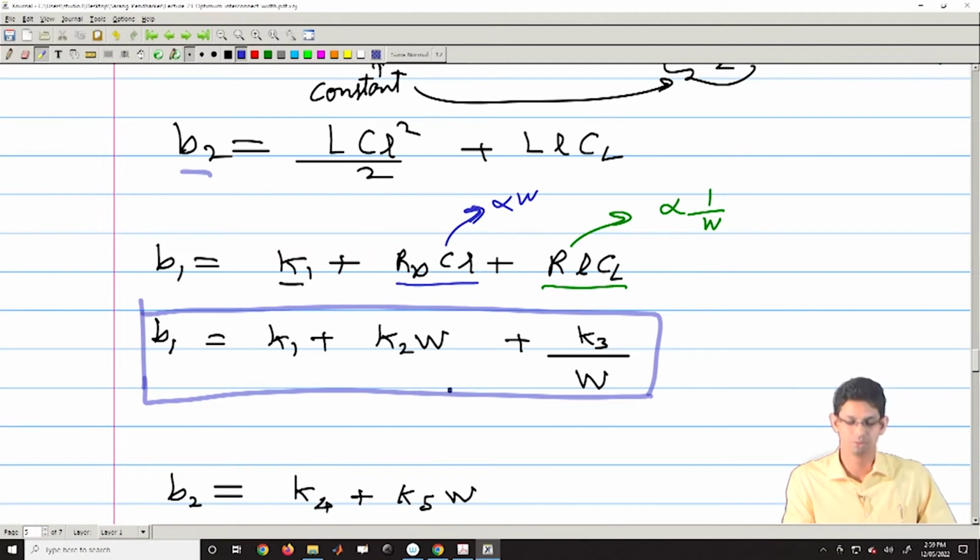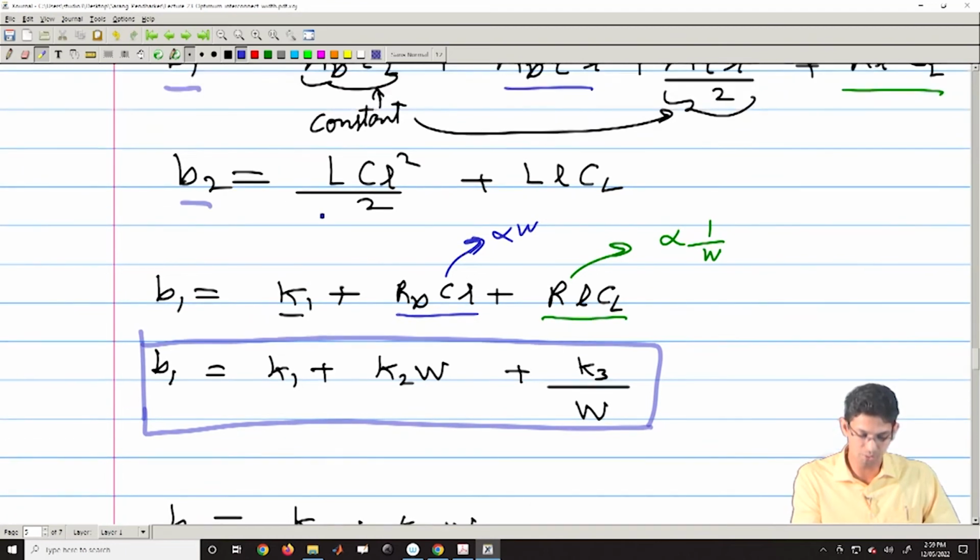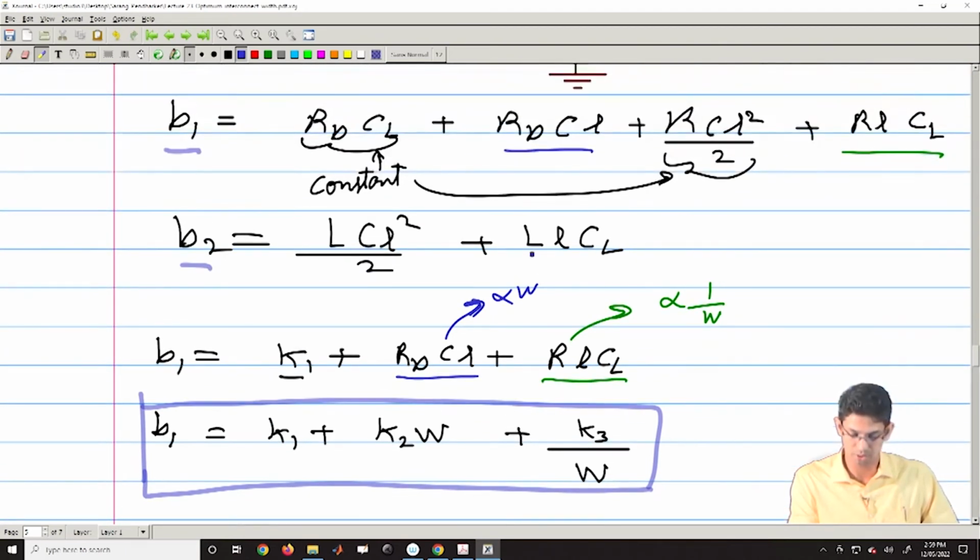We will come to this and plot how it would look. If I look at B2, B2 has these terms. There is this term of L into L, the capital L inductance into the length into CL. All these terms are independent of width. We had argued in the previous lecture, by giving some reference, that L is almost independent of width.